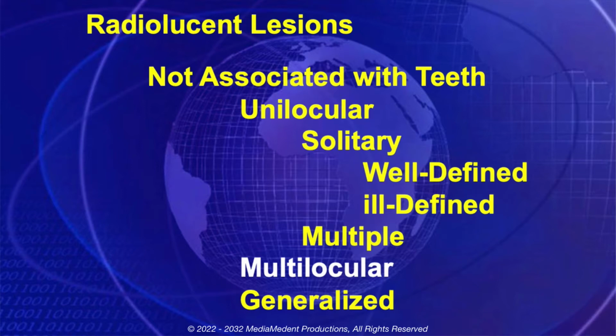Each category in this lecture will be illustrated using a selection that may be included in your differential diagnosis. Other choices for each category, generally in descending order of frequency of occurrence, may be found in the handout. Each example will be preceded by the clinical description of a patient who presented for dental care.